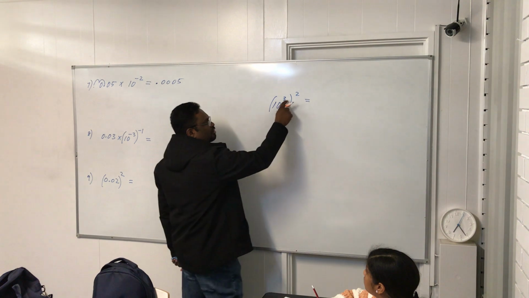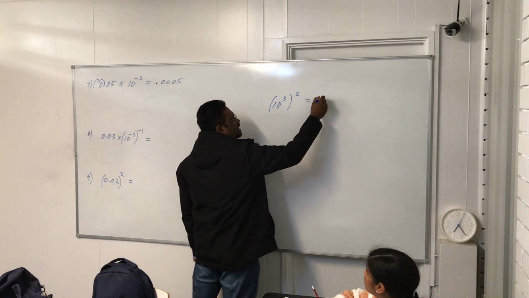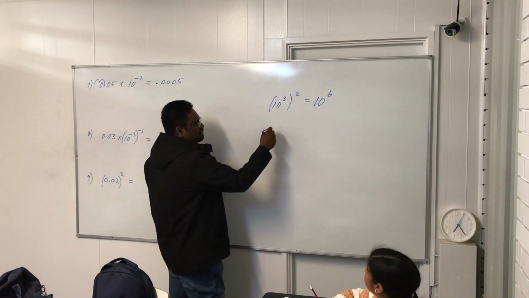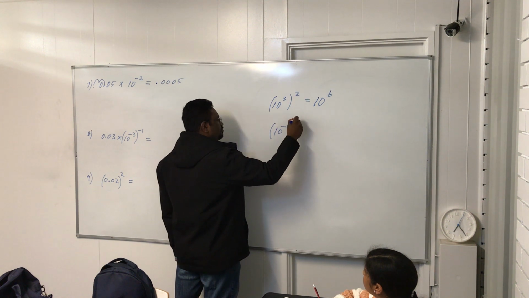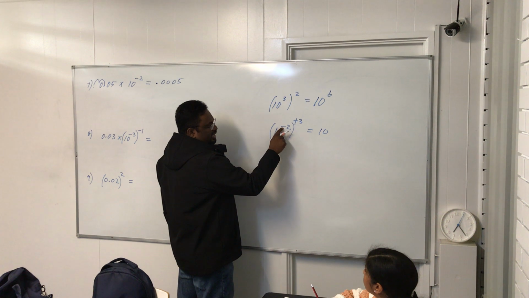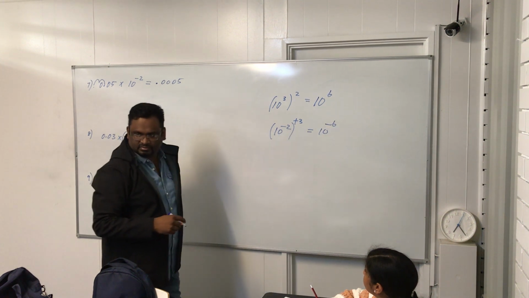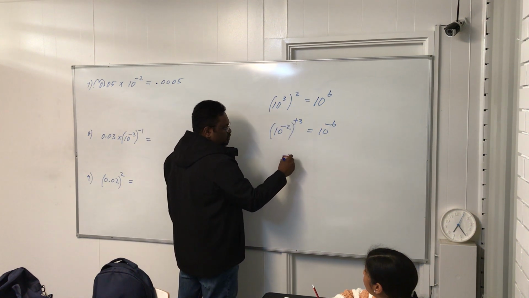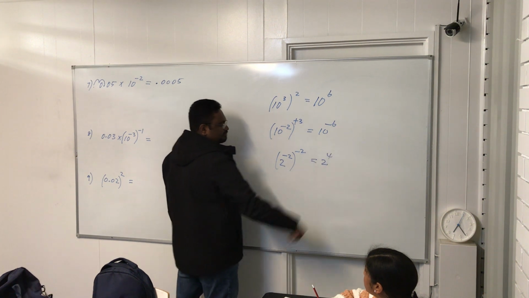So if you have a power of a power, you can simply multiply those together. So it's going to be 10^6. For example, if you have 10^-2 and plus 3, then 10^(-2 x 3) is going to be 10^-6, when you multiply that. Now, forget about tens. 2^-2 and -2, what is the answer? It's going to be 2^4.